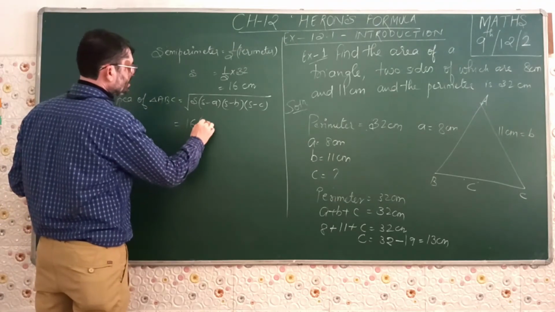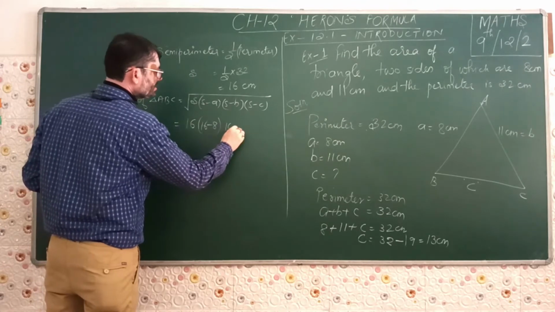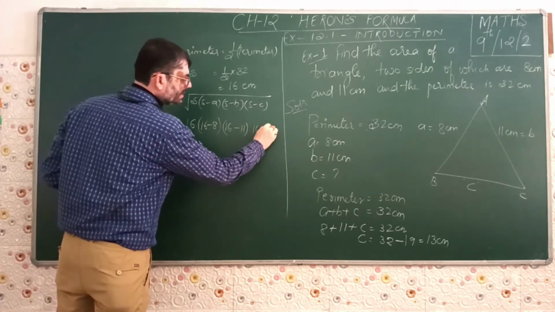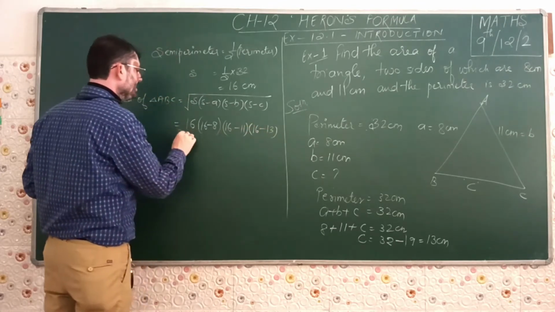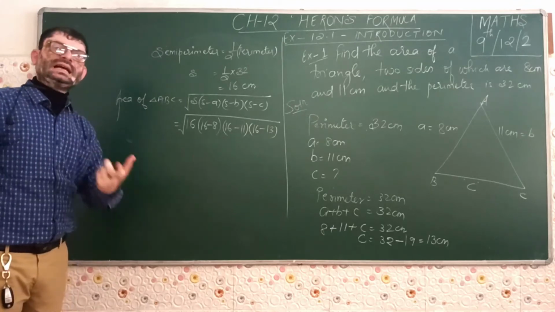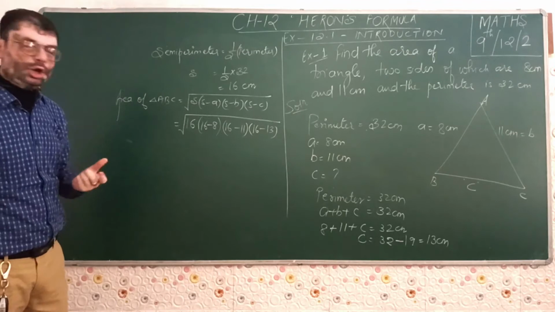So this is 16 into 16 minus 8, 16 minus 11, and 16 minus 13. On simplification, whatever we get would be the area of the triangle ABC that we were looking for.